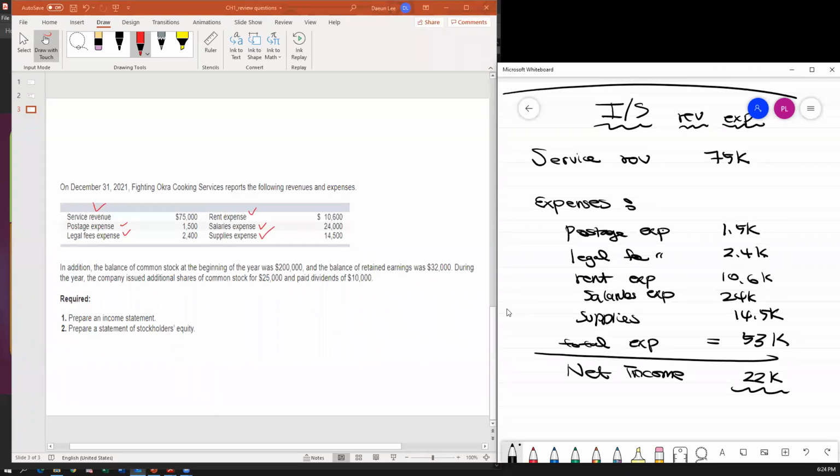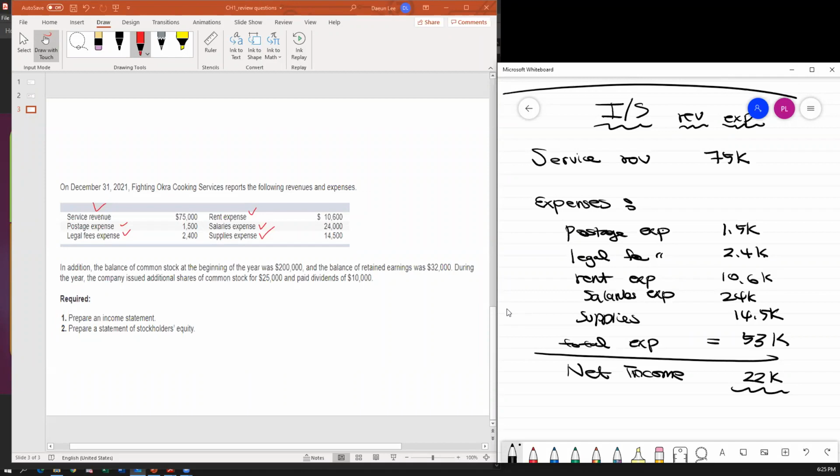To review, always remember the accounting equation, which was assets equal the sum of liability and shareholders' equity. You have to understand each accounting line item, such as service revenue, postage expenses, accounts payable, accounts receivable. And you also have to be able to prepare a balance sheet and an income statement, okay?